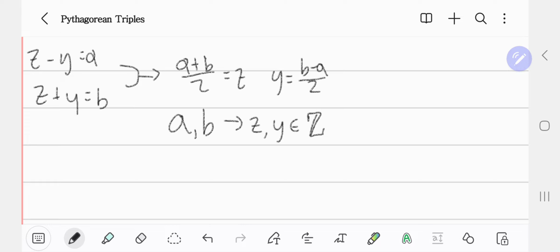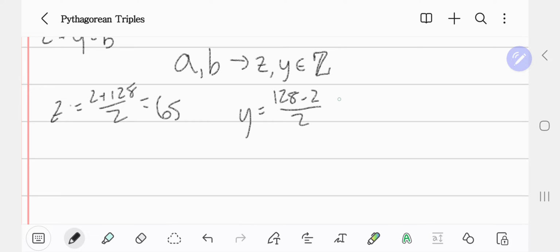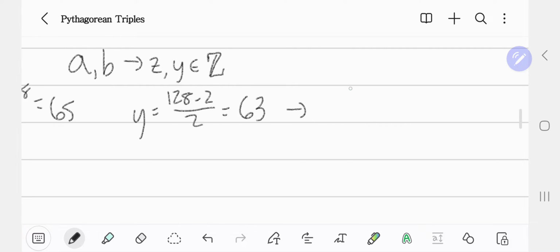With the first triple, z is 2 plus 128 over 2, which is 65, and y is 128 minus 2 over 2, which is 63. This leads to the triple 16, 63, 65.